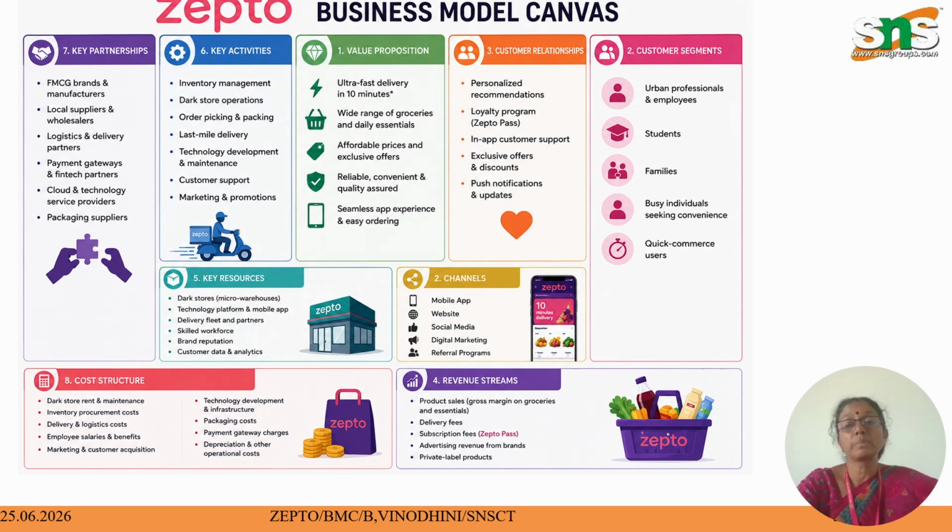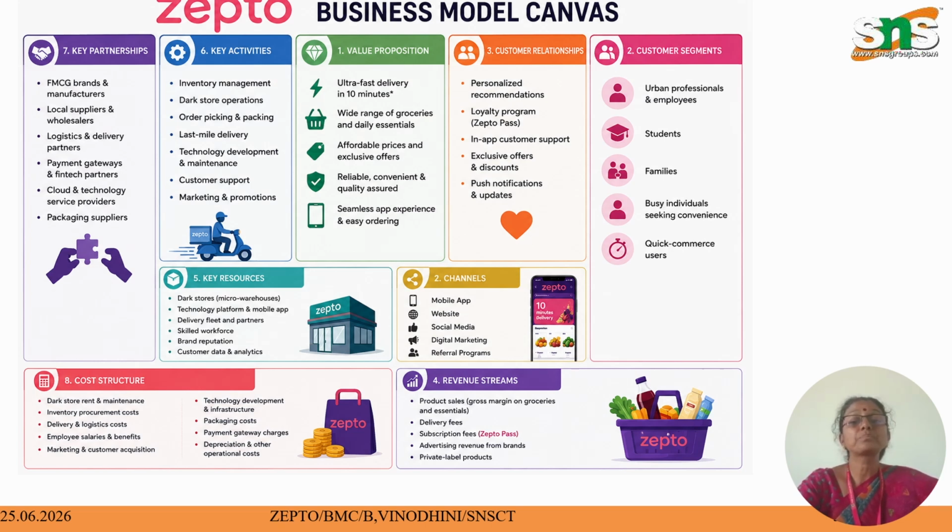Next is the value proposition. The main thing is fast delivery within 10 minutes. That is the main value proposition, and it is achieved using the other blocks. Next is the customer relationships. They relate to customers through preference recommendations and loyalty programs.